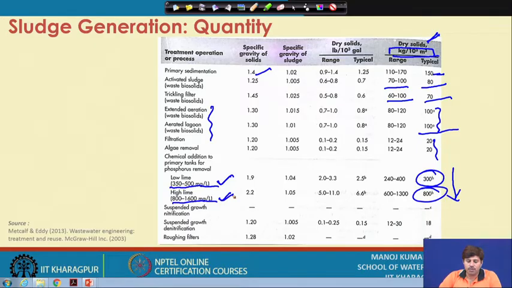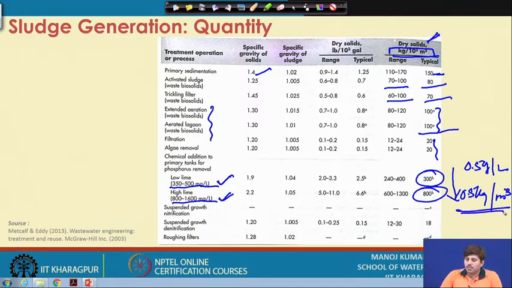So, if we are adding 500 milligram per liter of lime, that means 0.5 gram per liter, or 0.5 kg per meter cube.